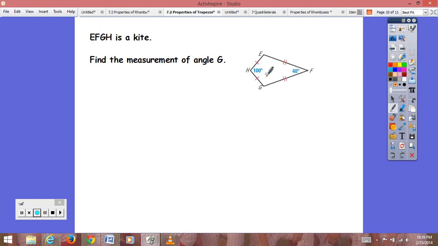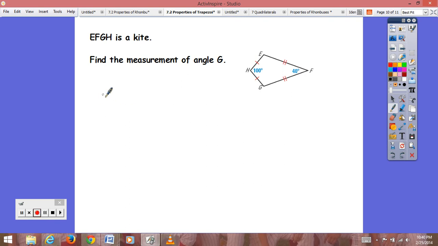Okay, now quadrilateral EFGH is a kite. We want to find the measure of angle G. So we know in a kite exactly one pair of opposite angles are congruent, and we can see that angle H and angle F are definitely not congruent when we have 100 degrees and 40 degrees, so E and G are going to be congruent. If we remember back to one of the videos in 7.1, the sum of the interior angles of a quadrilateral is 360 degrees.